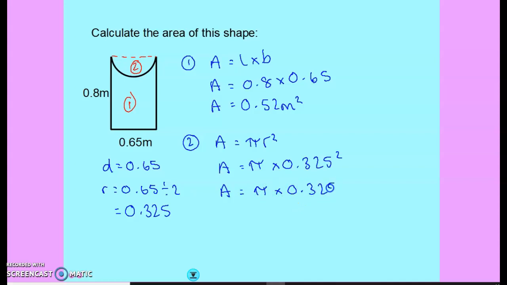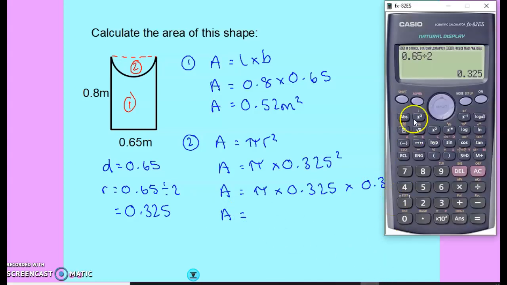Remember, squared just means times it by itself, so I'm going to times it by that 0.325 twice. Oh, wrong button here. I've put in a plus instead of a times. There we go. That's 0.33.